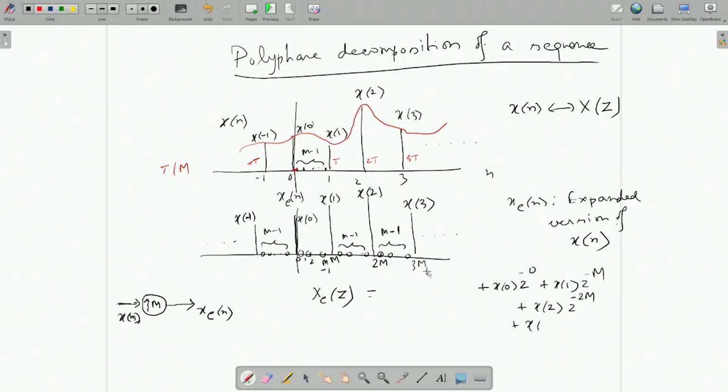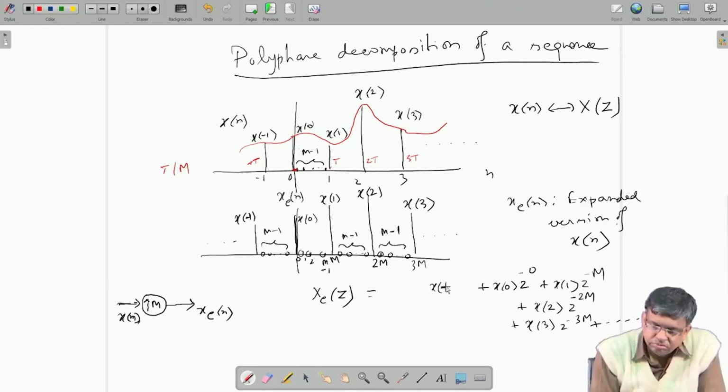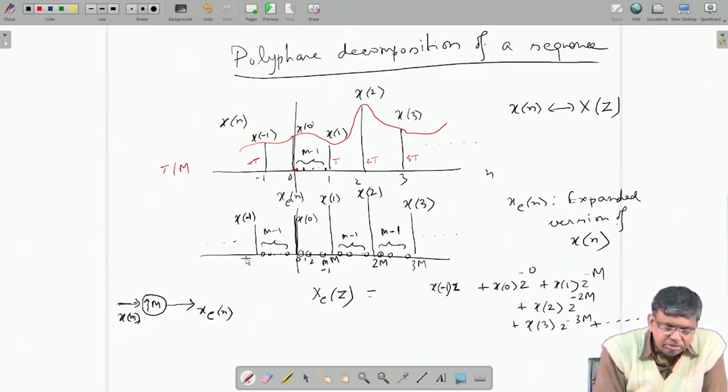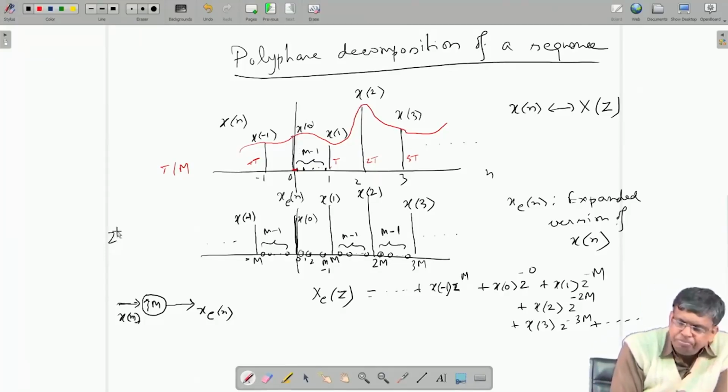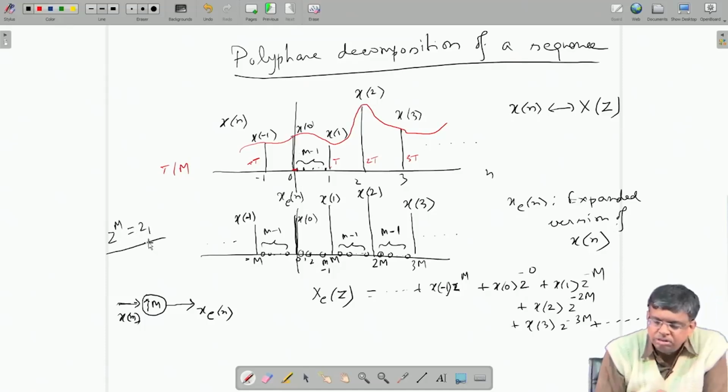Next will be 3m, so x3 z to the power minus 3m plus so on, and on this side x minus 1 z to the power m and so on. Suppose I write z to the power m as z1.